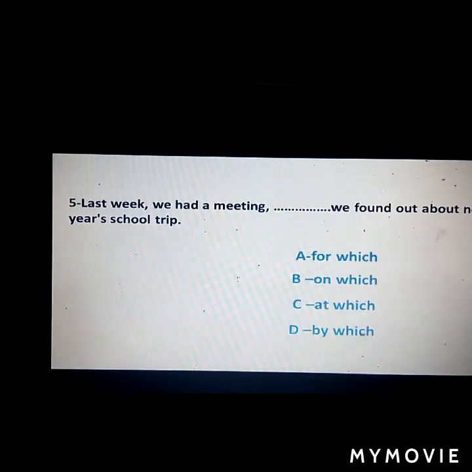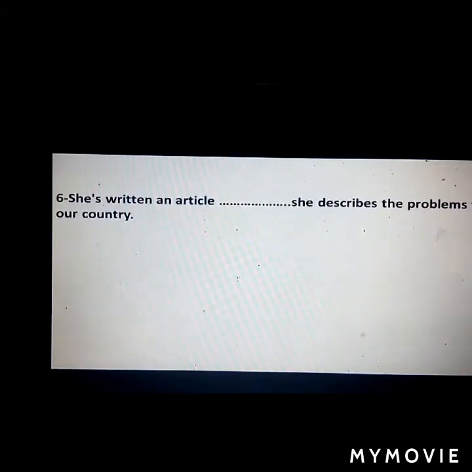At the meeting, at which. She's written an article ___ she describes the problems facing our country. Which one? Yes, in the article. In which?